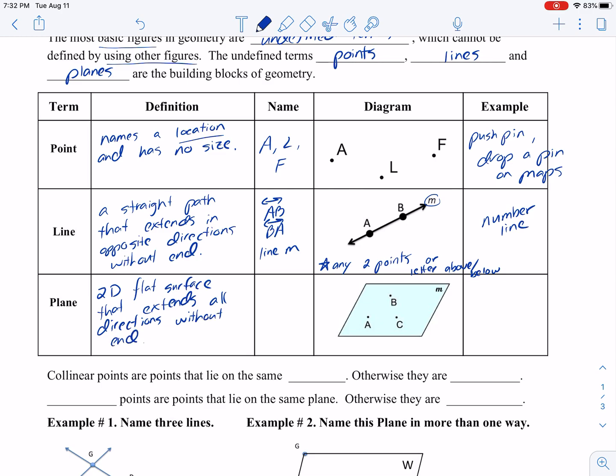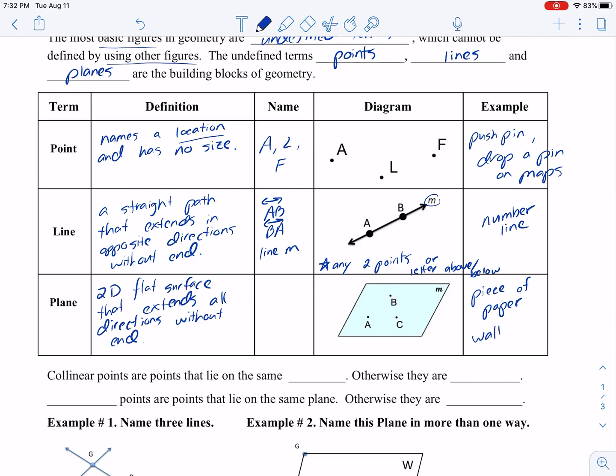And this one's a little harder to imagine. It's a little harder to visualize because most of the planes we have, they stop. They don't continue without end. But some examples you could just use, imagine a piece of paper extending in all directions without end. Or you could imagine a wall in your room, or a classroom wall is a plane. I know those end, but you could just imagine that plane extending in all directions without end.